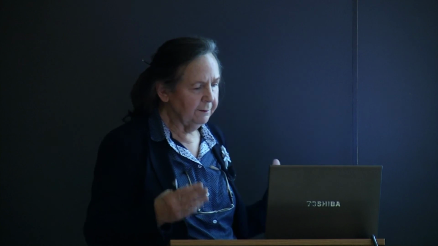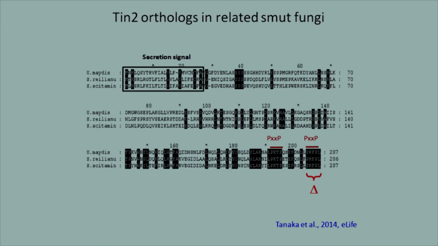We use comparative genomics to pick important sequences, important domains, in these effectors. And here you see an alignment of TIN2 proteins from different Smut fungi. And you see there is very little conservation except for the C-terminal domain. And it turns out if you just delete a small 5 amino acids from the C-terminus, the protein is no longer functional.